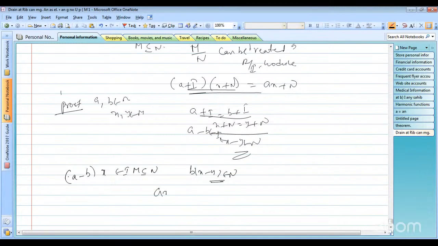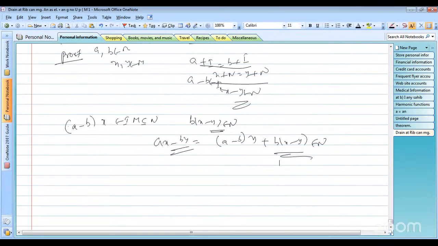So ax minus by is equal to (a minus b) times x plus b times (x minus y). I'm taking the common factor here. So (a minus b) times x plus b times (x minus y) belongs to N. Therefore ax plus N equals by plus N. So this operation is well defined here.